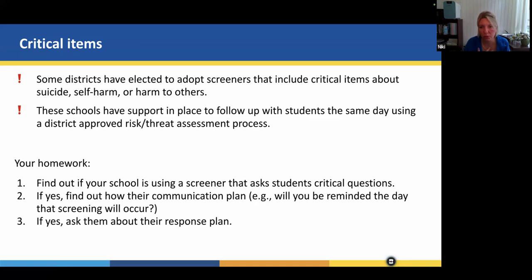I would just do my homework and find out, are there these critical items? If there are, how are you following up with our students or my child if for any reason one of these critical items is flagged, either by self-report or a teacher indicating that they have concerns? I would want to know what the response plan is.